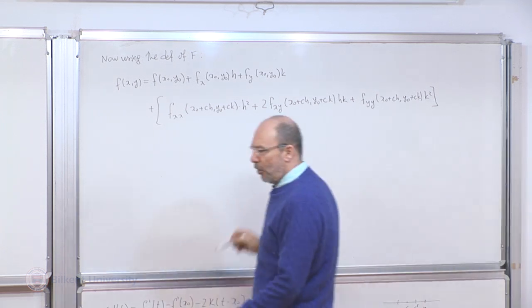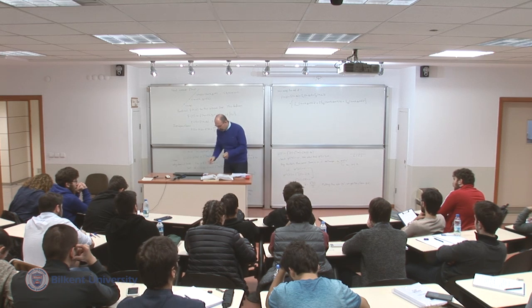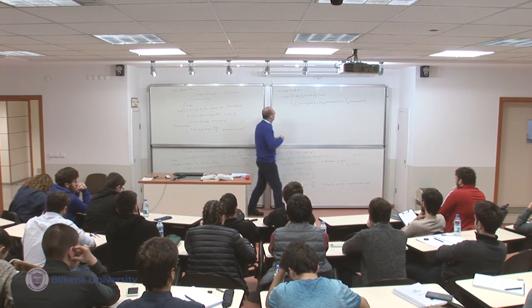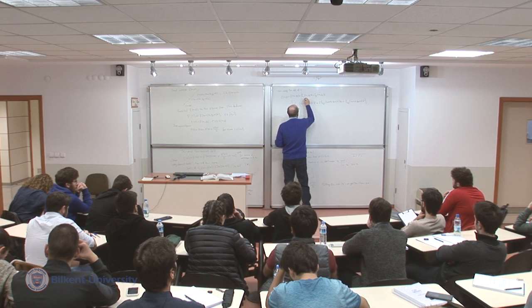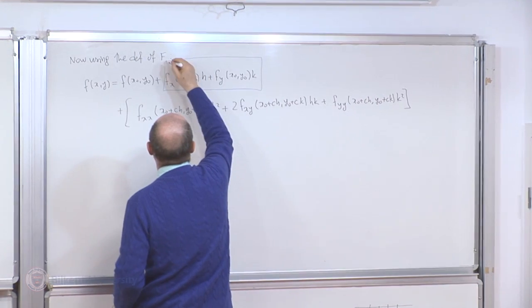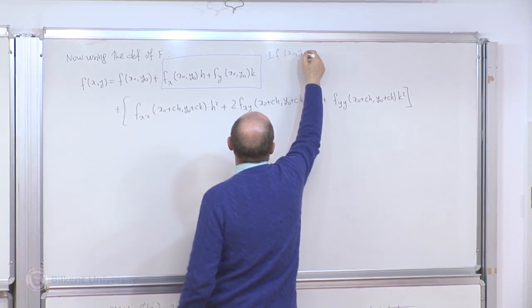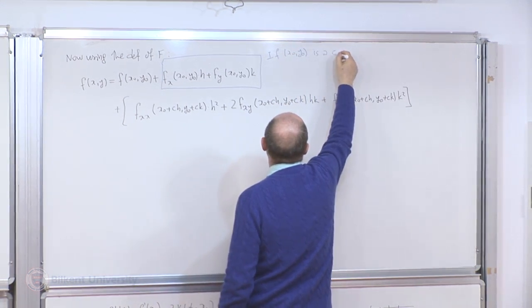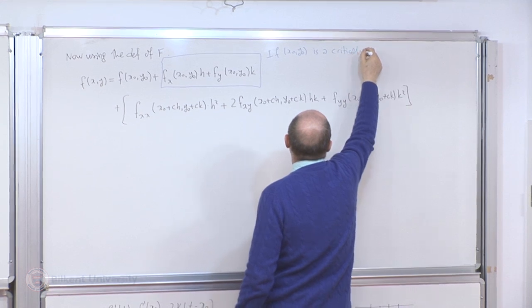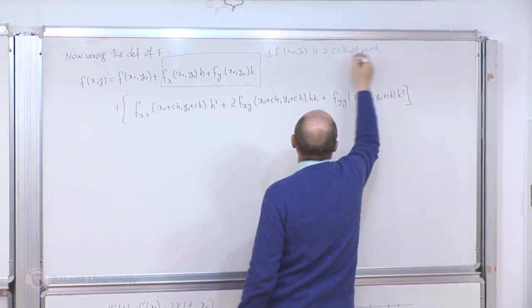At a critical point, these will be 0. Okay, so if (x sub 0, y sub 0) is a critical point, these will be 0.